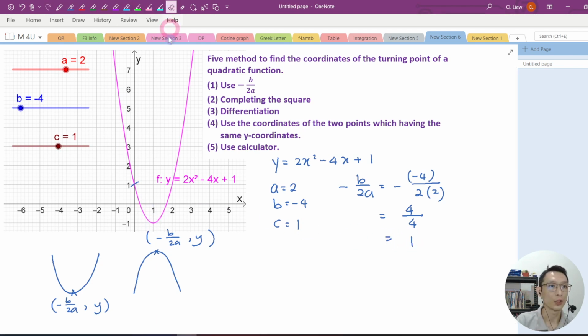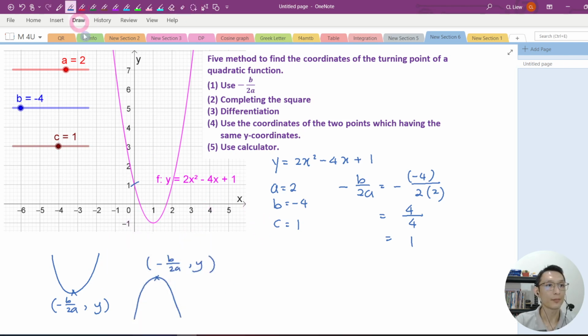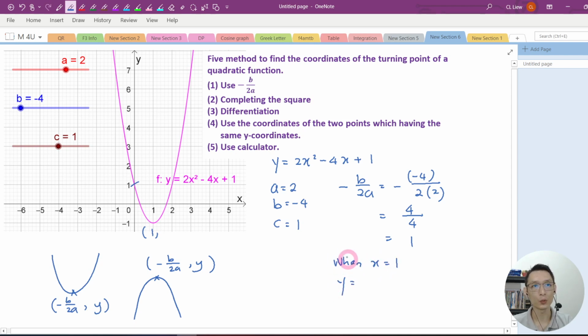So now we know that x here is 1. But how do we get the y coordinate? We just need to substitute the value that we got just now into this equation. When x is equal to 1, y is equal to, change all the x to 1: 2 times 1 squared minus 4 times 1 plus 1.